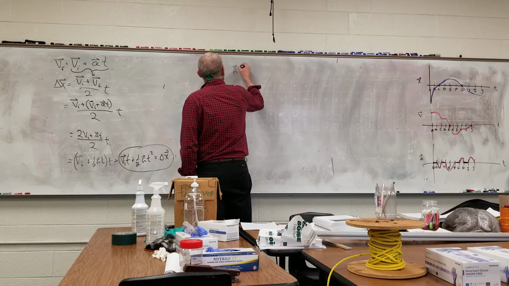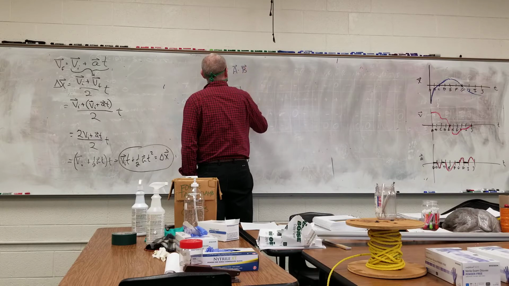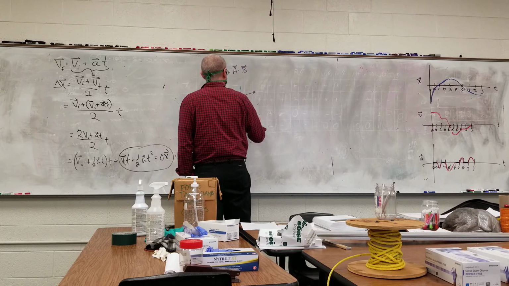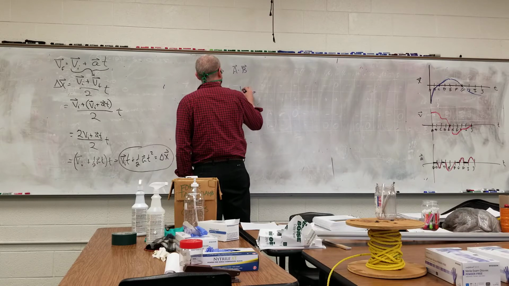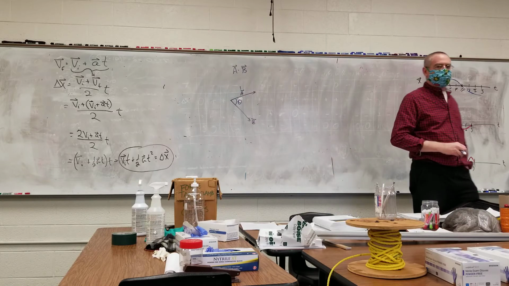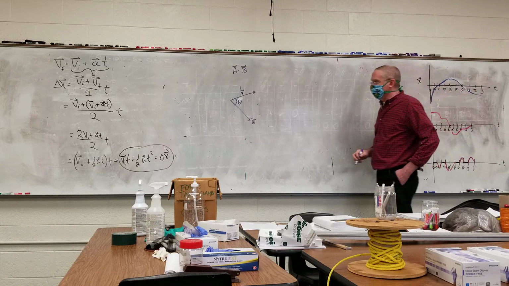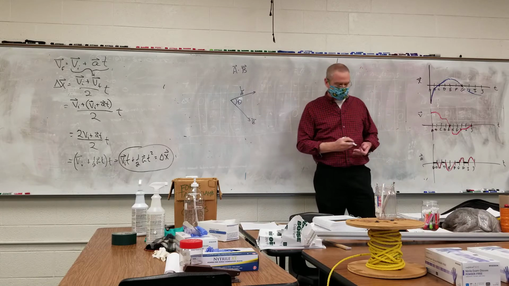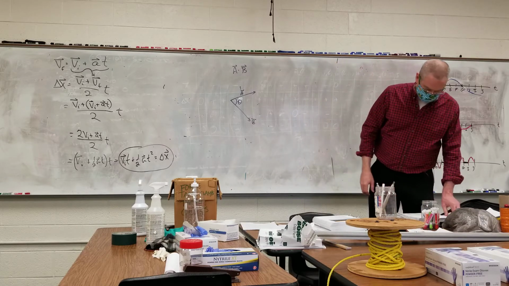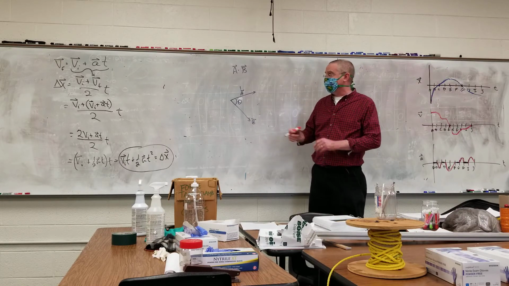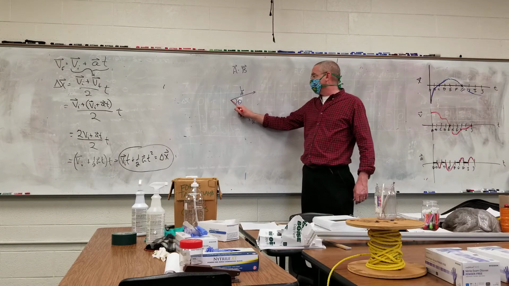So if I have A dot B, so I have vector A here and vector B here, with an angle between them. What I'm actually doing is multiplying the components that are in the same direction. In other words, how much of A is in the direction of B? So I'm going to break A up into its components.